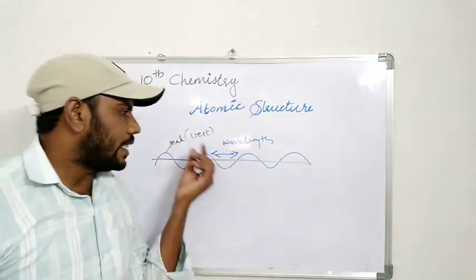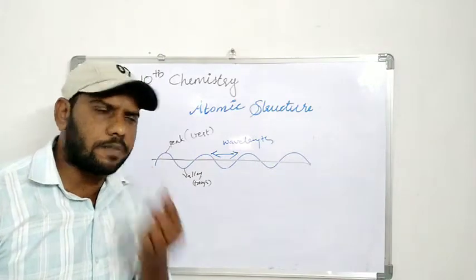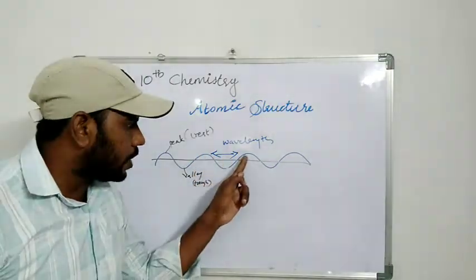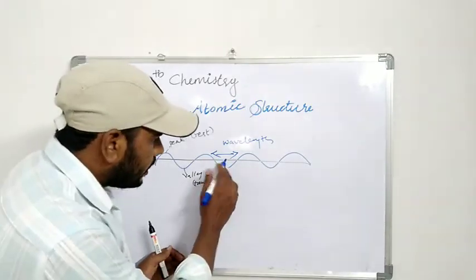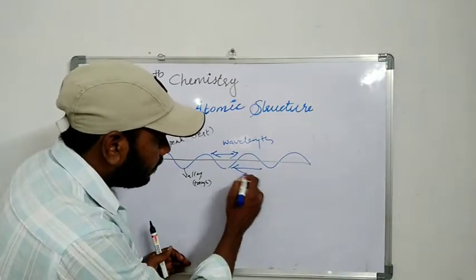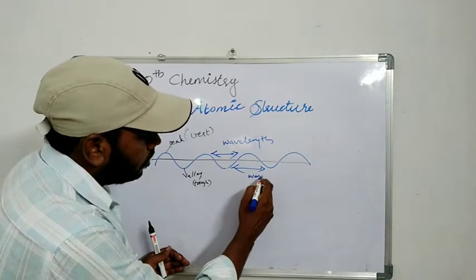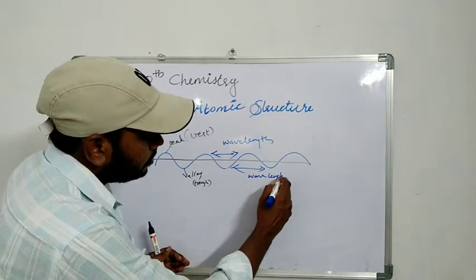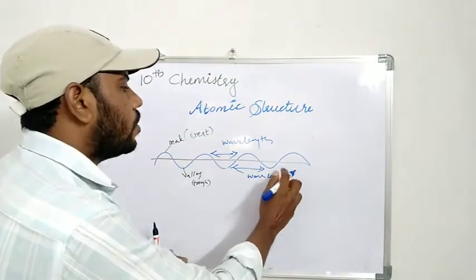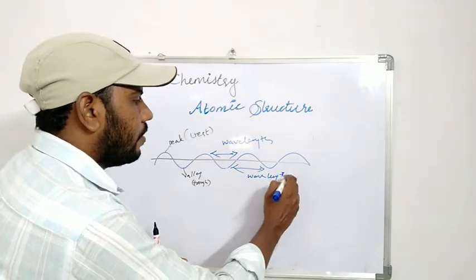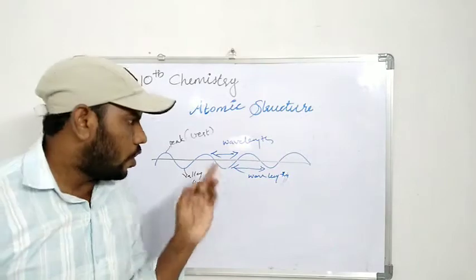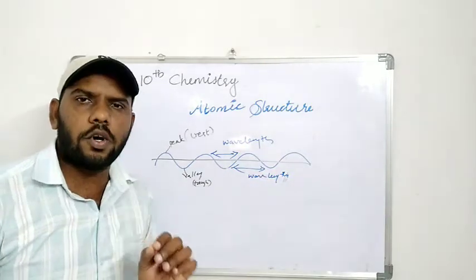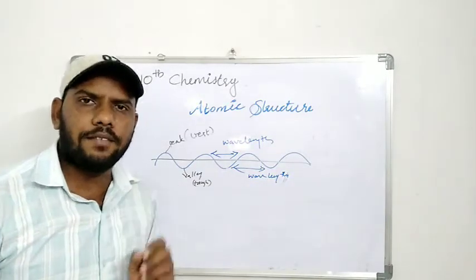What we can say is the distance between two consecutive crests or two consecutive troughs. This is also a wavelength. So two consecutive crests or two consecutive troughs we call a wavelength.